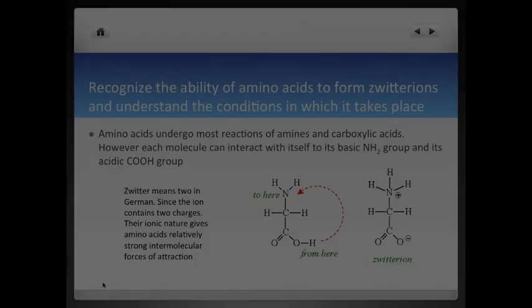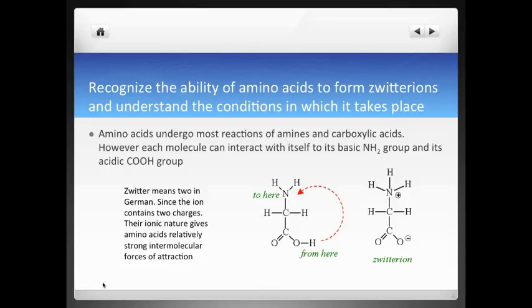Now, as we said before, on one side of an amino acid there's a carboxylic acid portion, and on the other end there is an ammonia portion.